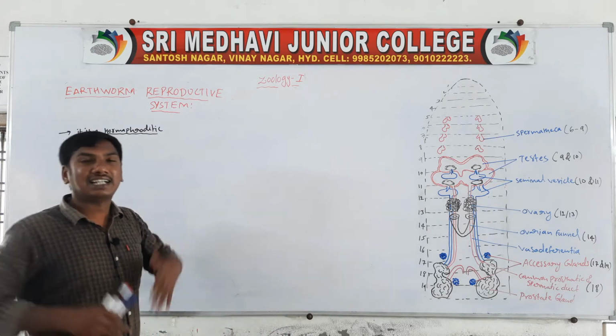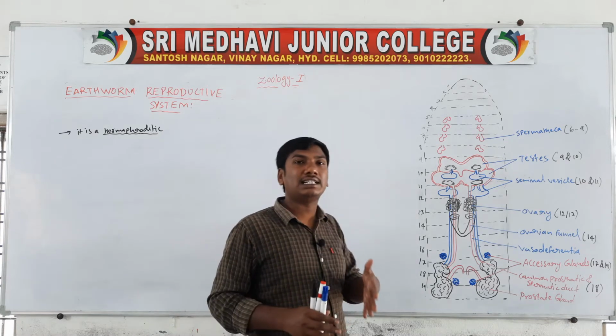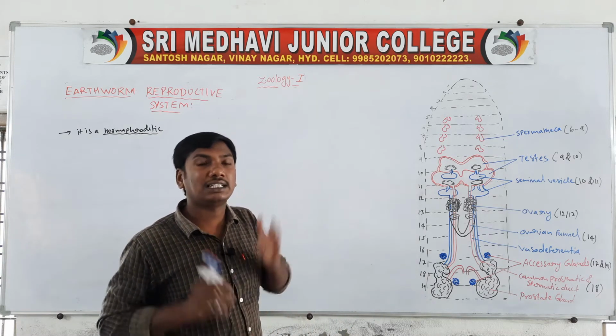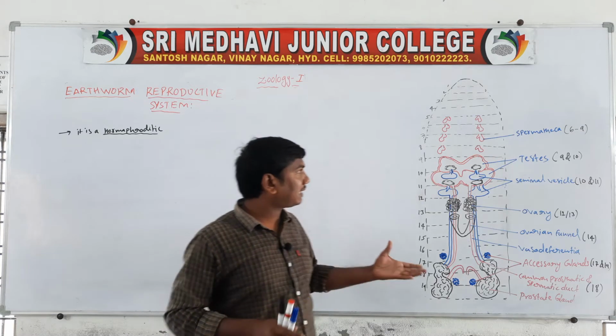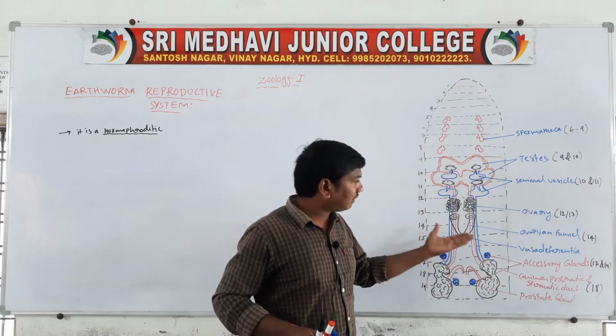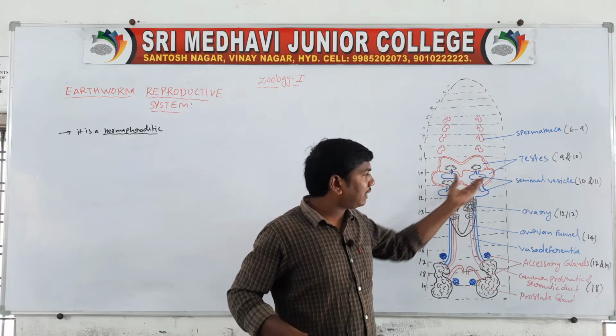Hermaphroditic, or dioecious, means a single organism contains two reproductive systems. For example, the earthworm contains a male reproductive system and a female reproductive system.